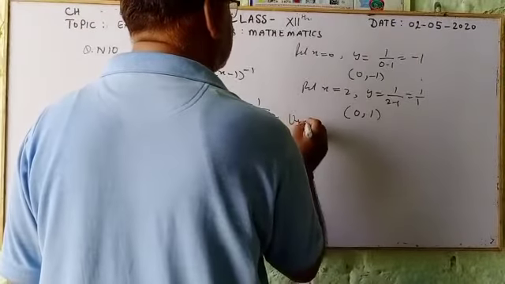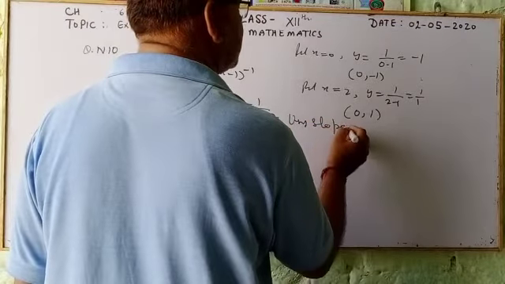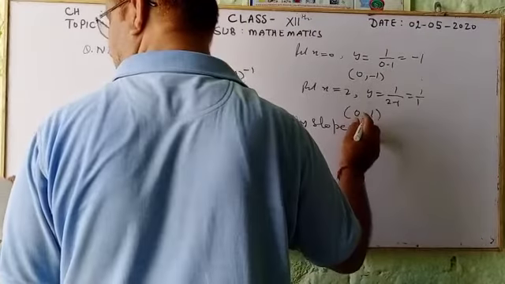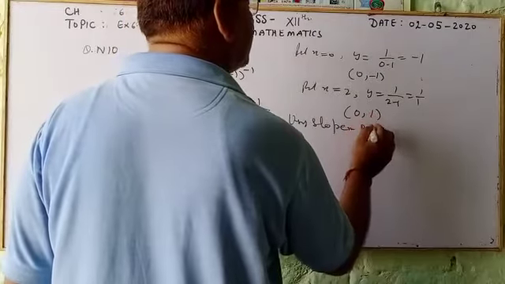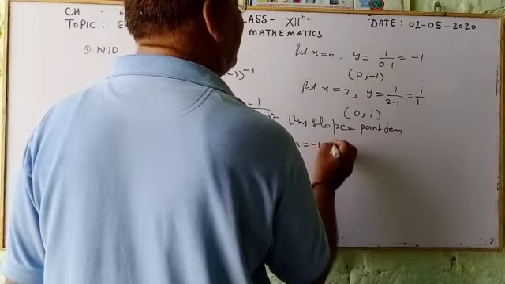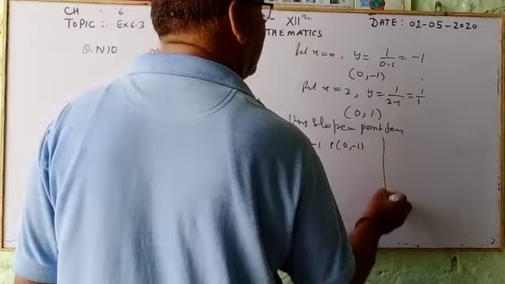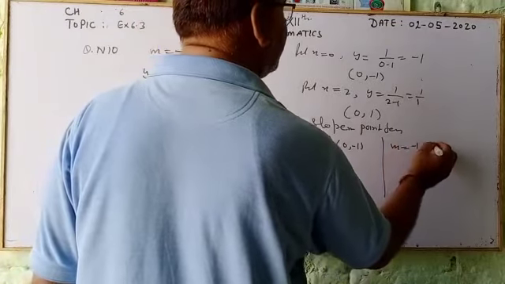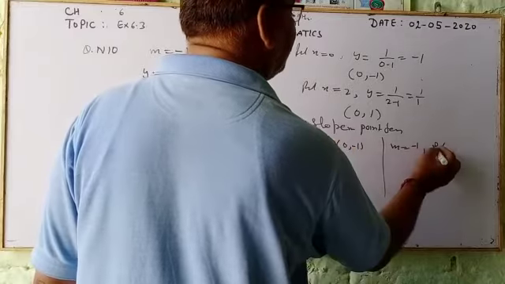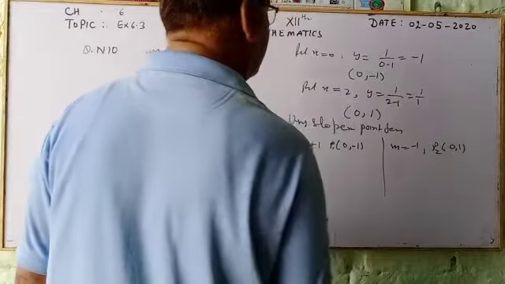Using the slope point form, we take m equal to -1 and point (0, -1). Also m equal to -1 and the other point (2, 1).